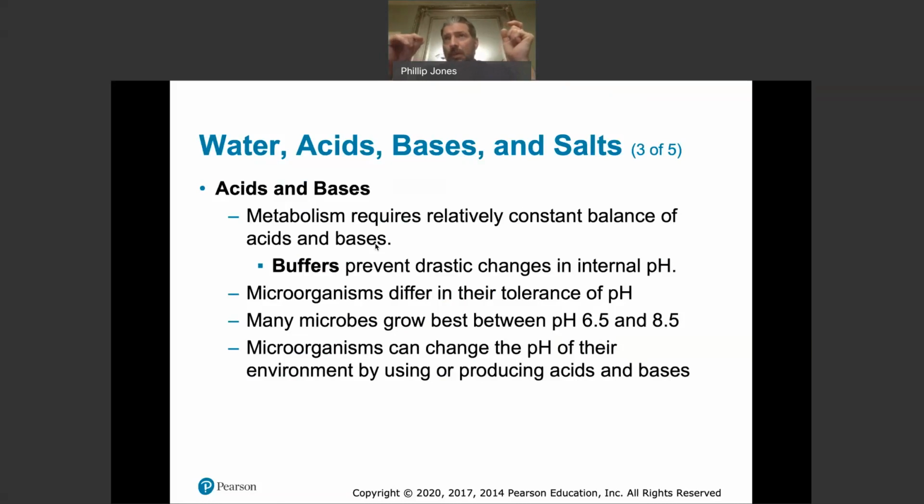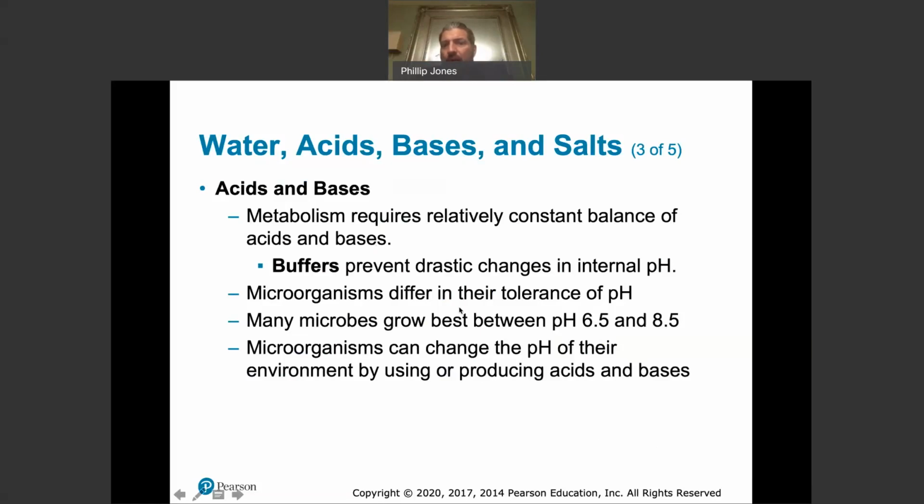So when people say the pH is denaturing proteins, it literally is going to denature your enzymes first. And once you start destroying enzymes, the metabolic functions your body has to do won't happen, because enzymes lower the activation energy and cause these reactions to happen much, much faster. So buffers prevent drastic changes in internal pH.